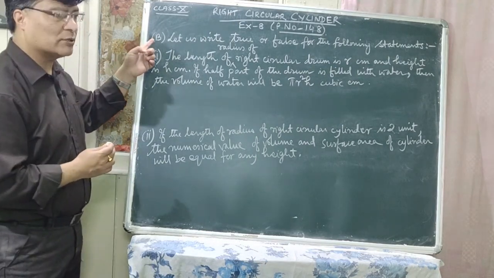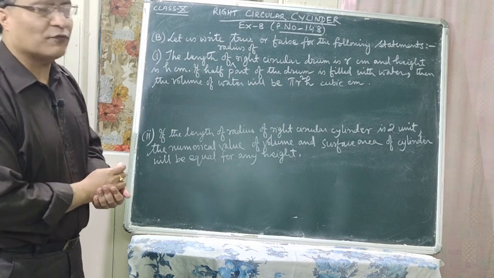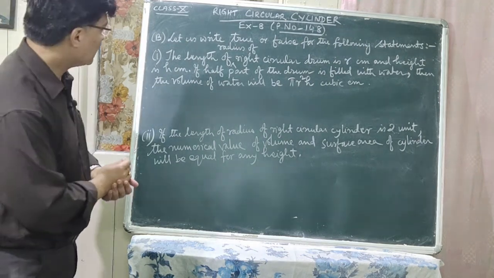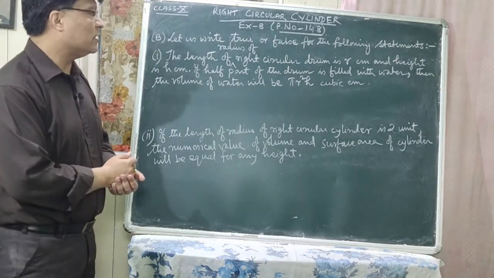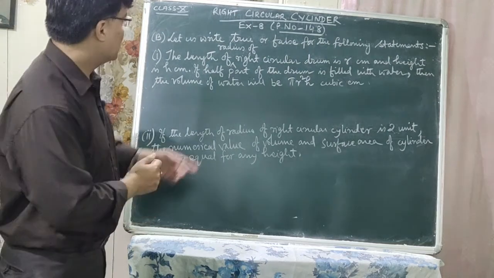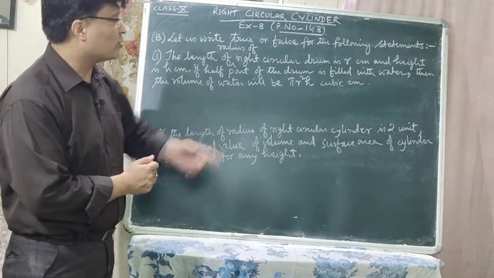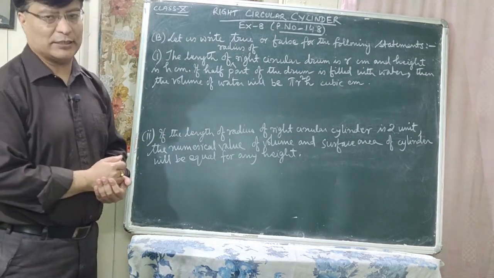So this is question number B. Let us write true or false for the following statements. The first statement given is: the length of radius of right circular drum is r centimeter and the height is 8 centimeter.